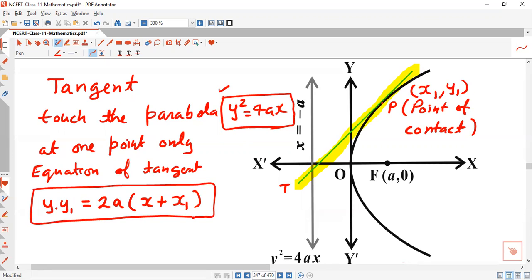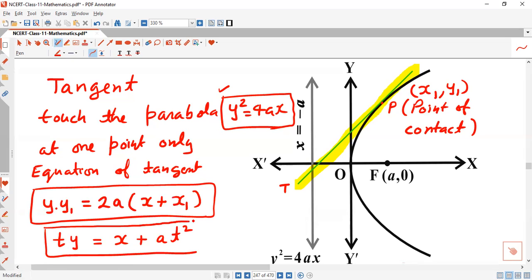In parametric terms, because we mostly use parametric terms in terms of t, instead of the point x1, y1, we say t is the coordinate parameter. In terms of t, it can be written as ty equal to x plus at square. This is the equation of tangent in terms of the parameter.